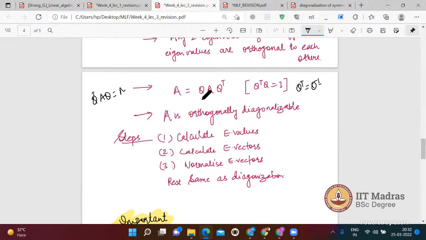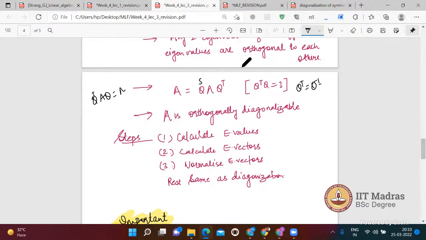So this matrix, which in the earlier cases we called S or P, here the length of each column will be one, and each column will be orthogonal to the other vectors, if we have distinct eigenvalues.